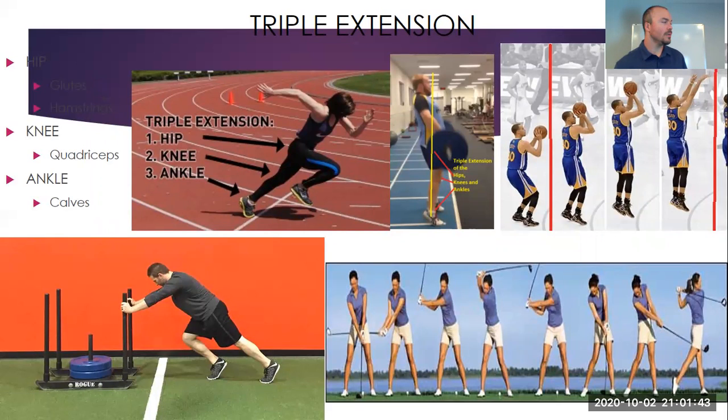And just to remind you all about the importance of triple extension, and this is a slide we've used earlier in the program: what muscles are we really looking for? Well, at the hip, it'd be the glutes and hamstrings. The knees are quadriceps, and ankles are calves.